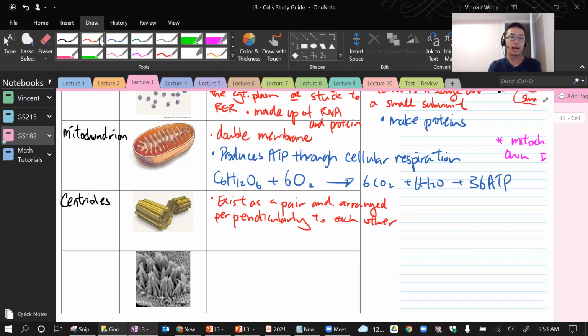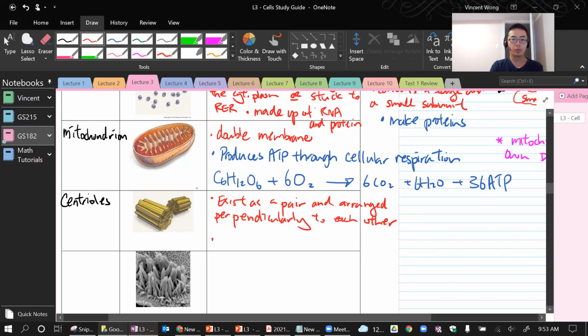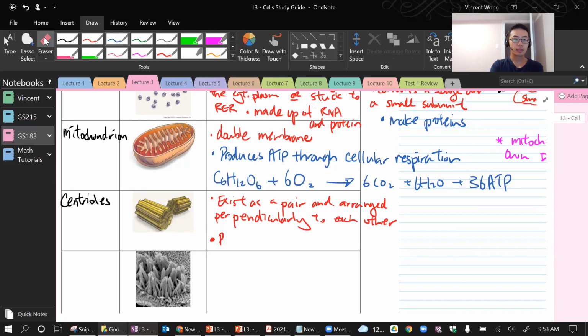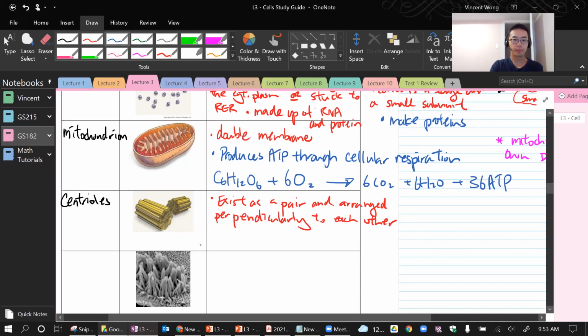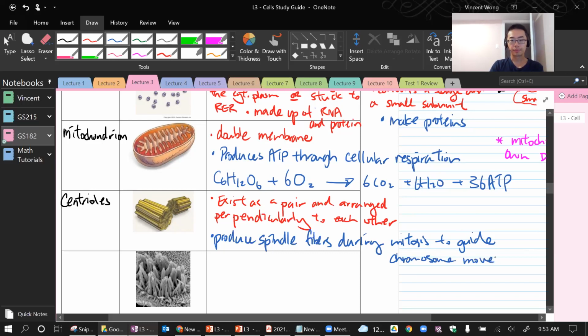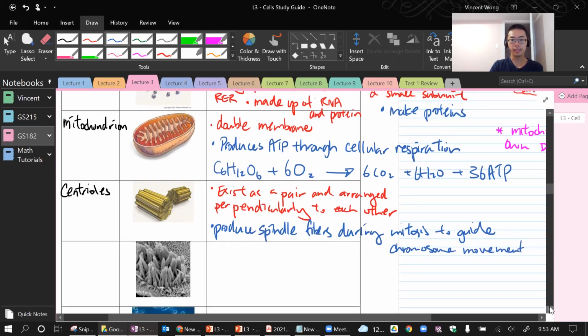Okay, and the function is they will produce spindle fibers during mitosis to guide chromosome movement. Okay.